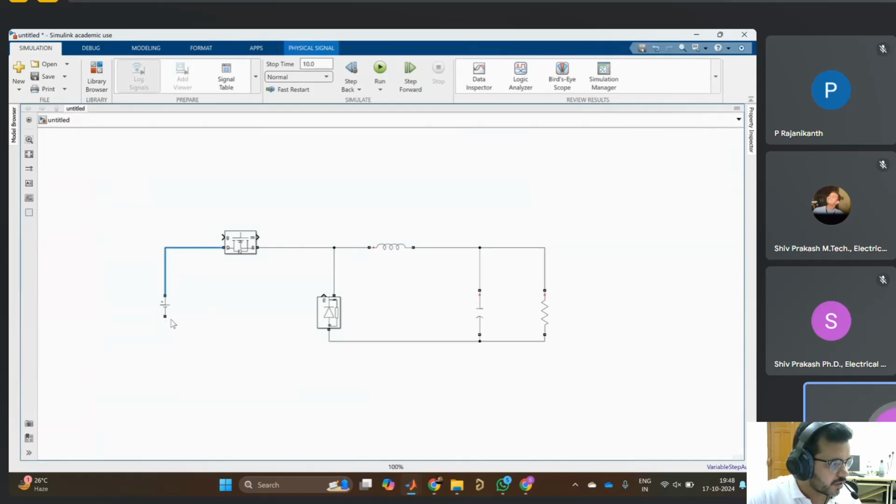Drain to source, we have to connect, and the drain source will be negative.